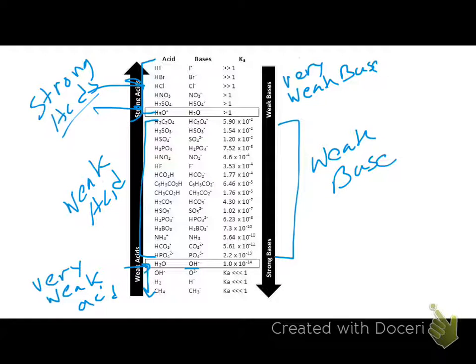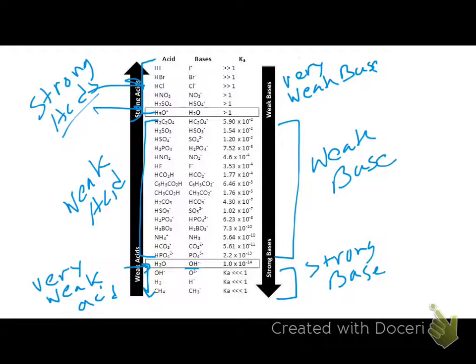And then anything above water would be very strong, or we'll just say strong bases. Okay, so we have pretty much an inversely related situation. Strong acids create weak bases, weak acids create strong bases, and so forth. Okay, so that inverse relationship is going on here.